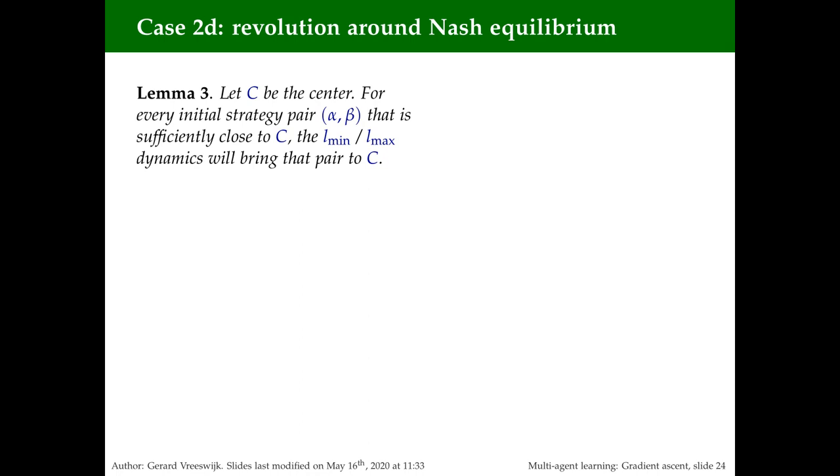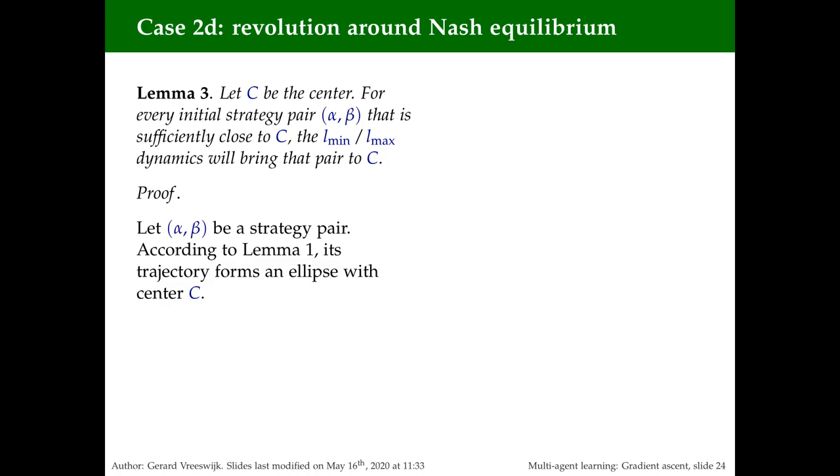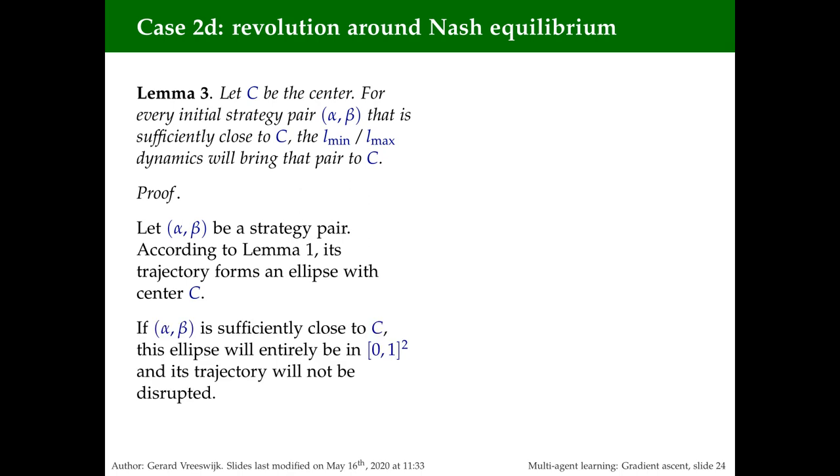So if C is the center of learning, so alpha star, beta star, then for every initial strategy pair alpha beta that is sufficiently close to that center, the win-or-learn-fast dynamics will bring that strategy pair eventually to C. So if you have such a strategy pair, then its trajectory will form an ellipse with center C. Well, if the strategy pair is sufficiently close to C, then there's no interaction with the boundaries of the unit square.